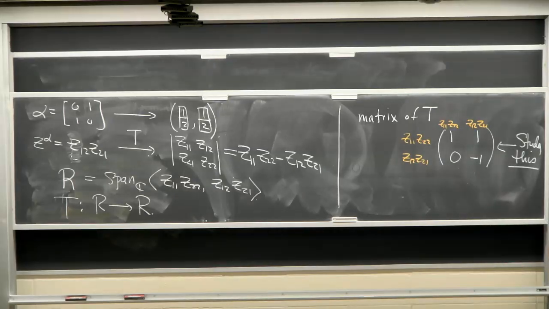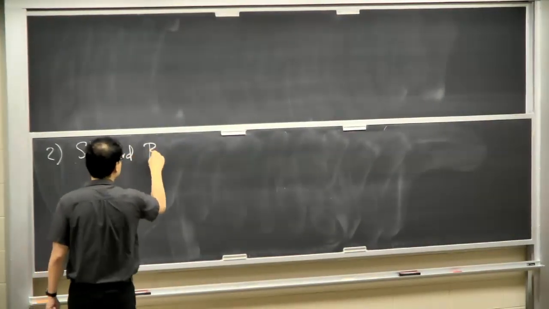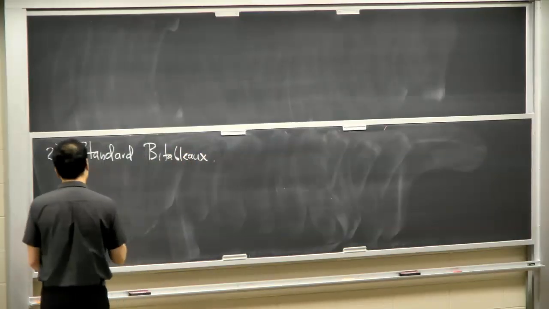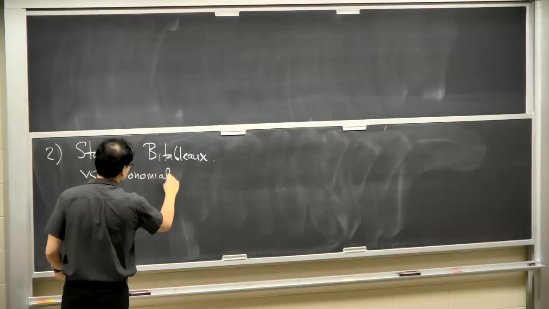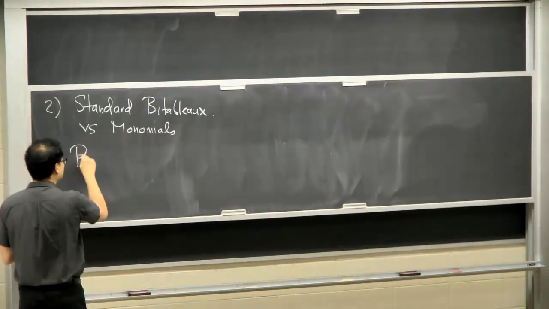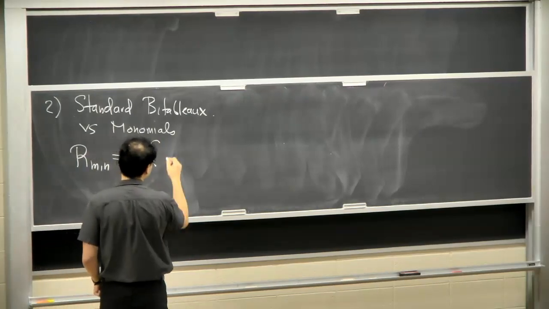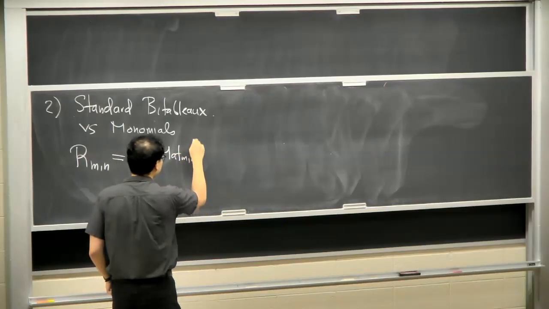Okay. Now I want to explain where these determinants lie in the literature. This is the topic of standard bitableaux versus monomials. So in general, I'm looking at the polynomials in m times n variables, the coordinate ring of matrices.